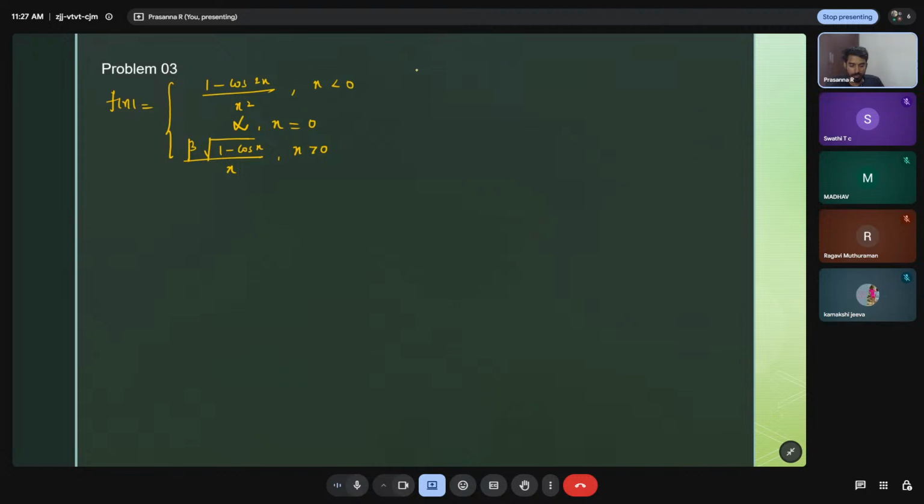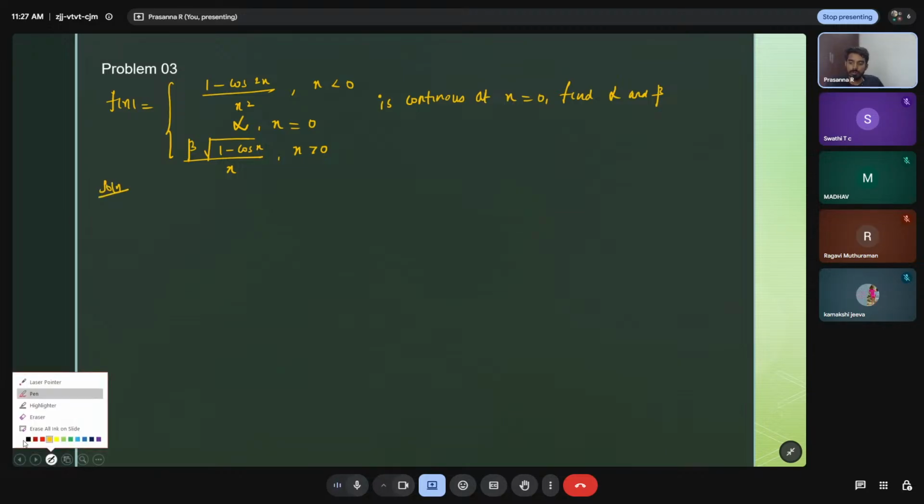Is continuous at x equal to 0. Find alpha and beta, right? So it is continuous at 0, so my LHL at 0, RHL at 0, function value all are equal.